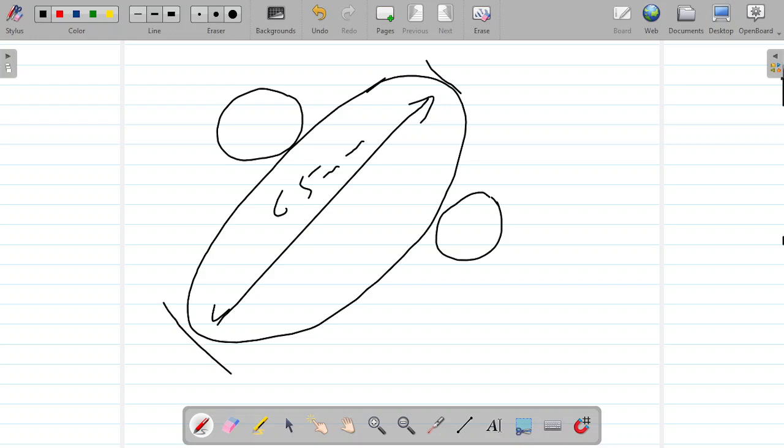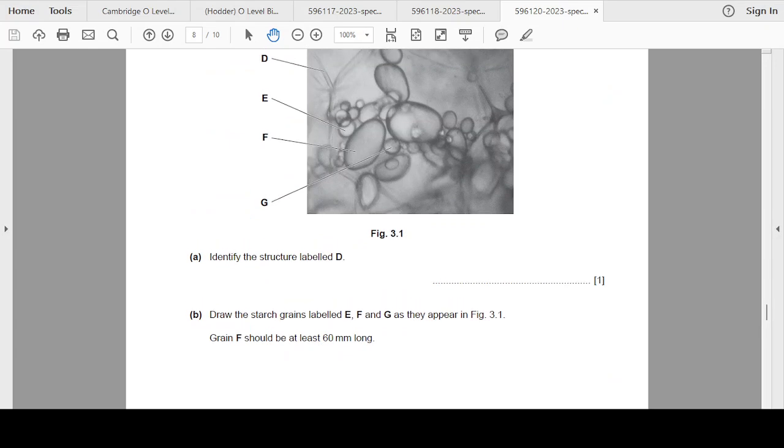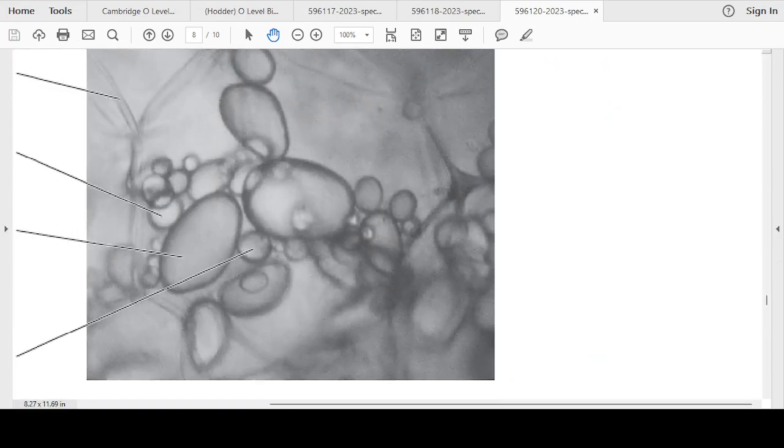And then the shape. Now I haven't been very particular, but the shape should be as given in the paper. So let me just go back to the paper. So yeah, so oops, too big.